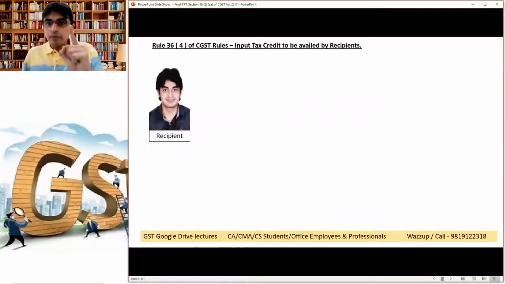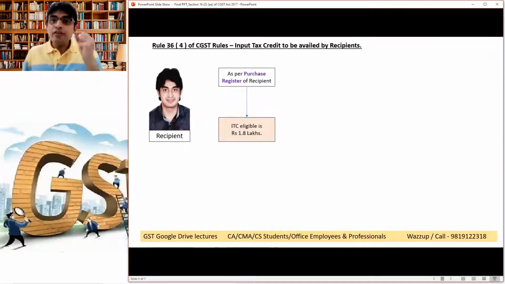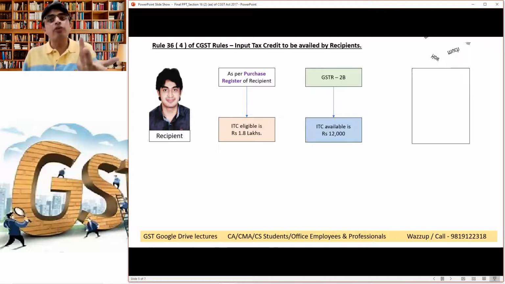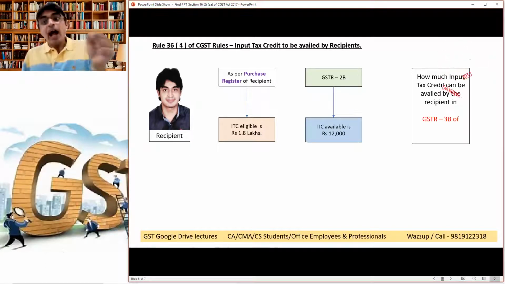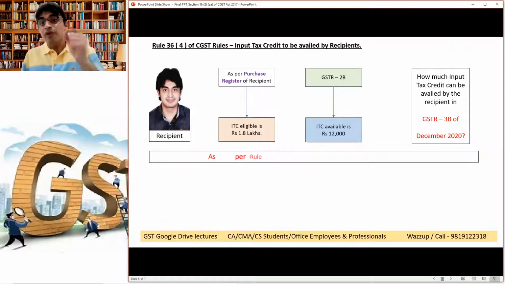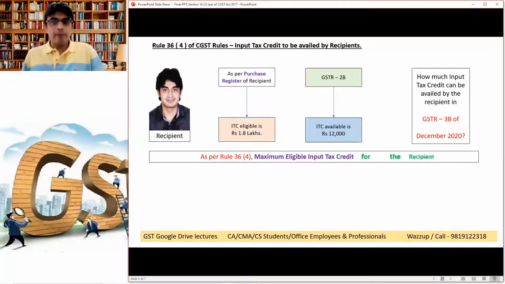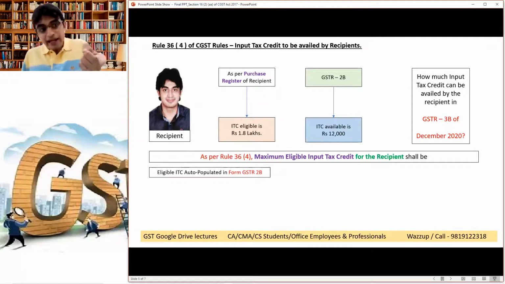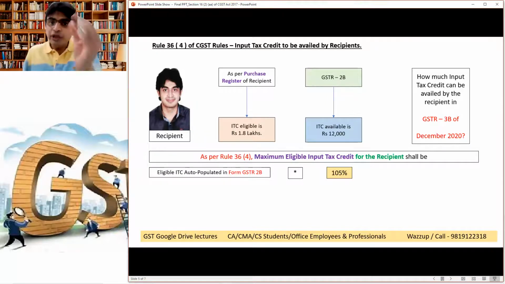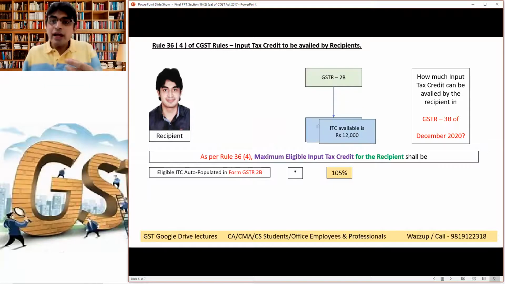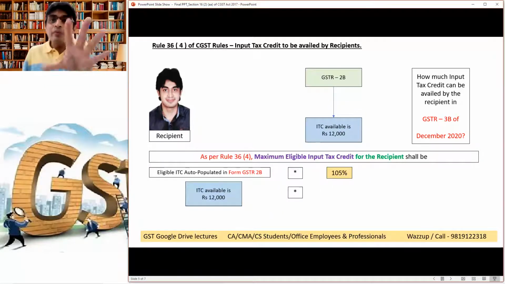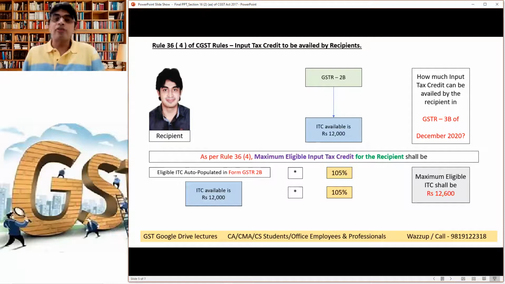Now this Rule 36 sub Rule 4 was a restriction. It was restricting my input tax credit. How much was mine as per purchase register? 1,26,000. How much was there in my 2B? Only 12,000. So how much ITC can I avail in my GSTR 3B for December 20? As per Rule 36 sub Rule 4, the recipient was restricted. What was the restriction? Eligible ITC auto-populated in your 2B into 105%. In your 2B there was 12,000, so maximum 105%, that is 12,000 plus 5% difference, you can take 12,600.